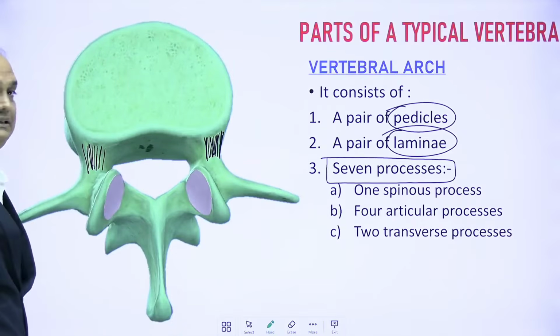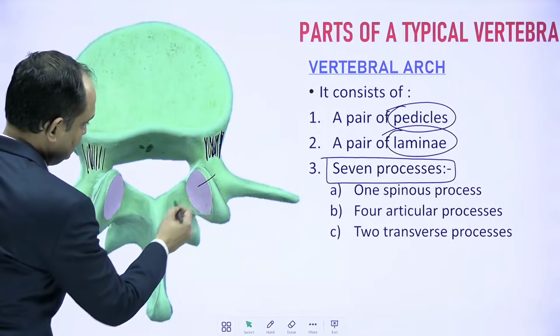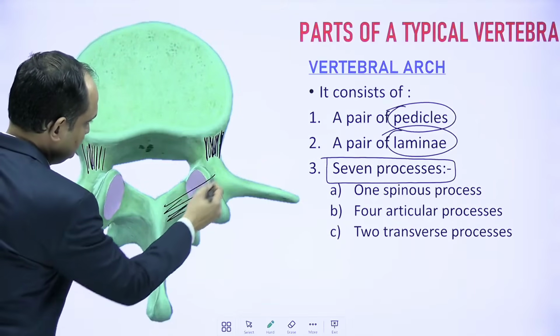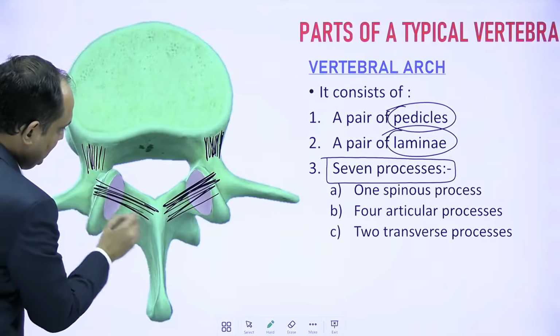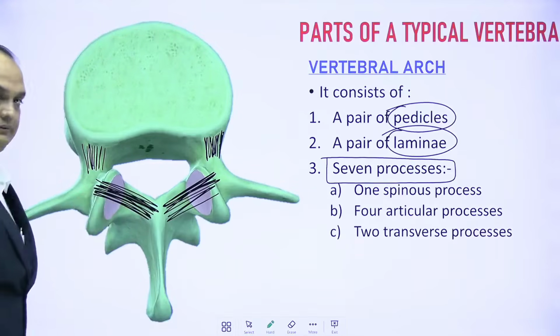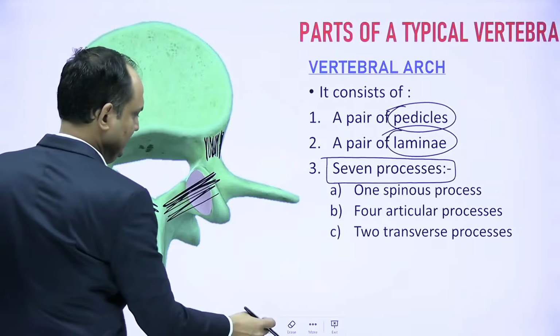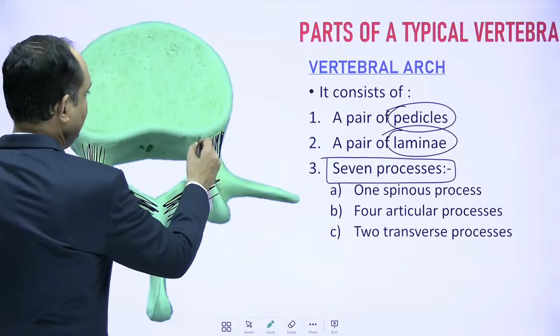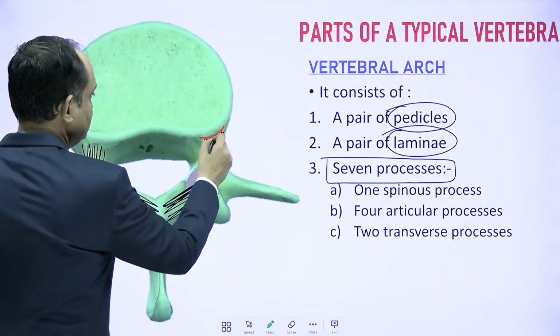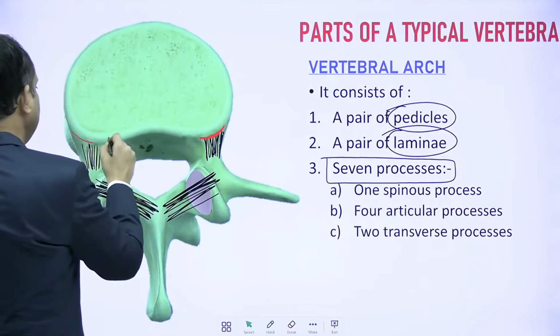Second is the lamina. Lamina is this portion, known as the lamina of the vertebra or neural arch. Clear? This has to be very clear in your mind: what is the area known as pedicle? The pedicle is a connection which starts from the body of the vertebra.